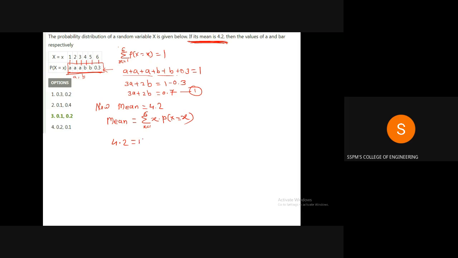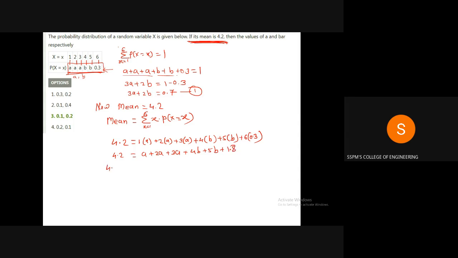So 1 into a plus 2 into a plus 3 into a plus 4 into b plus 5 into b plus 6 into 0.3. So 4.2 is equal to a plus 2a plus 3a plus 4b plus 5b plus 1.8.